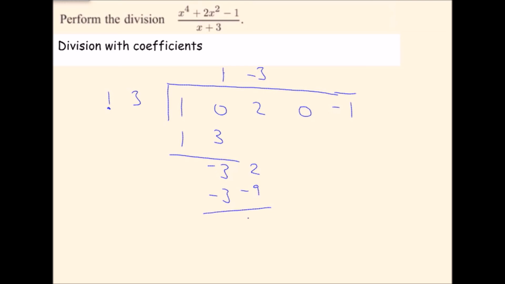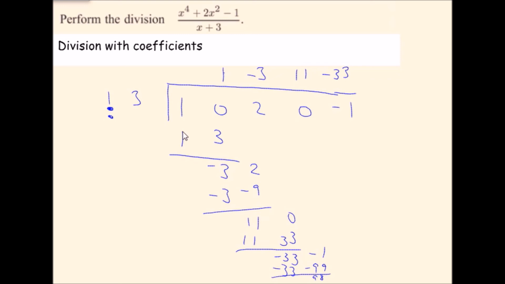Subtract, I'll get 11, bring down the 0, times the 1 by 11, and that will give me 11 and 33. Subtract, I get negative 33, bring down the minus 1, multiply the 1 here by negative 33, and that will give me negative 33 and negative 99. Once again, subtract those there, and you'll get 98, which is my remainder.